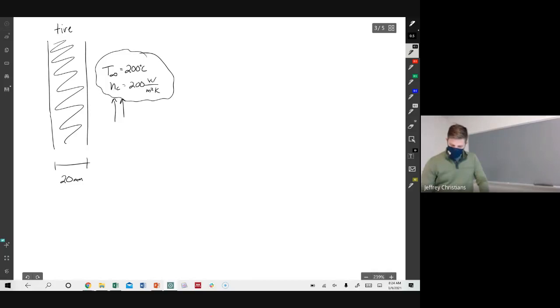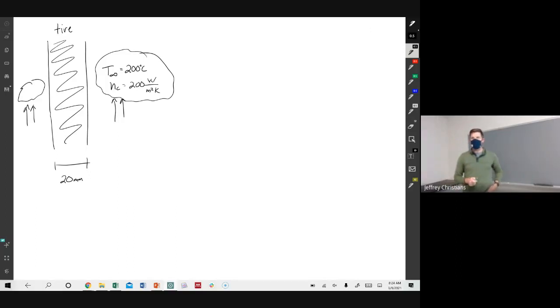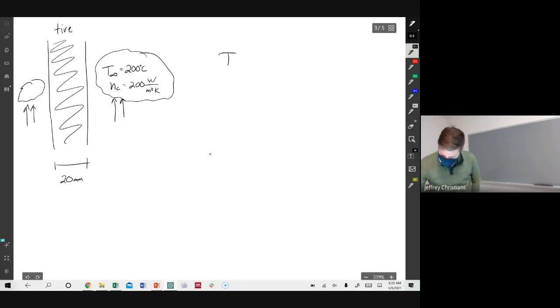Okay. And the same thing's happening on this side. I won't write it again, but we'll draw a little fluffy cloud at least on both sides. We know that this is initially at 20 degrees Celsius.